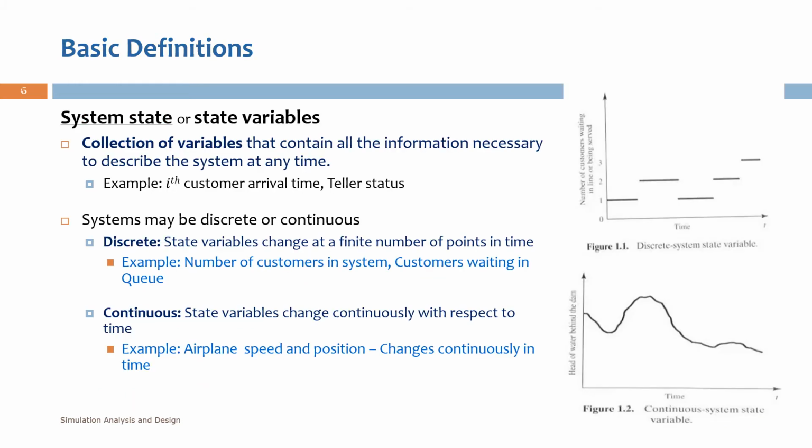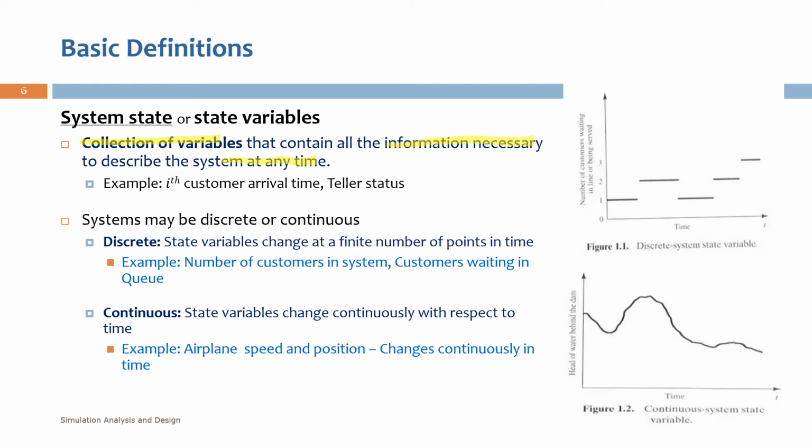After defining the variables, we can show the system state at any time. So we define system state or state variables. The system state is a collection of variables that contains all the information necessary to describe the system at any time. In order to describe the system state based on our interest for the analysis of the system, we define some variables, right?